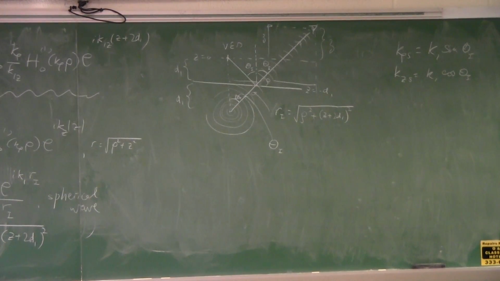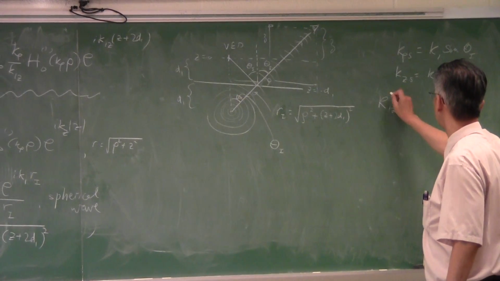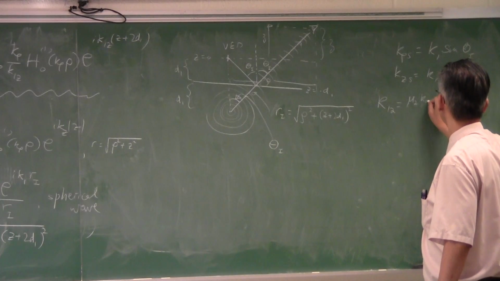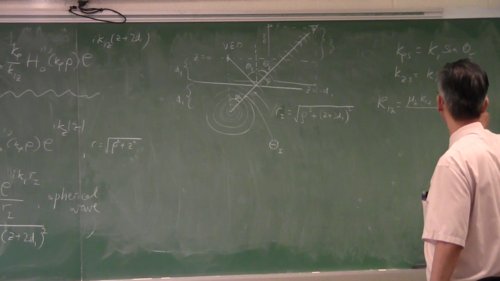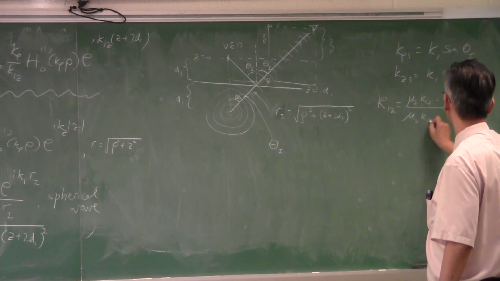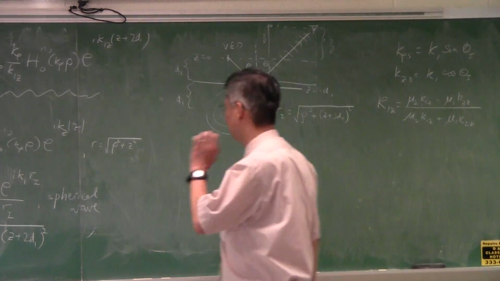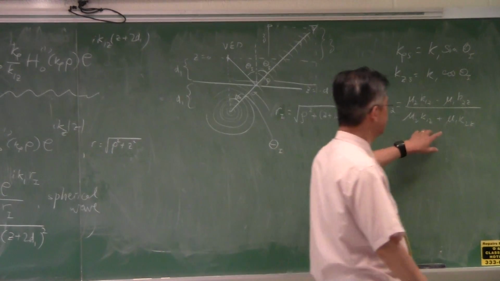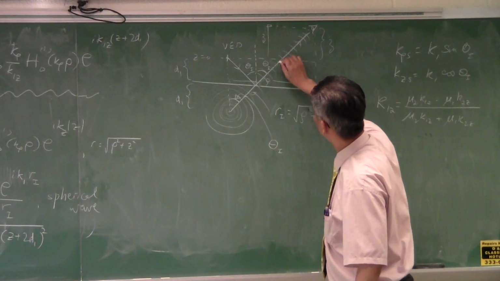And if you go about writing the Fresnel reflection coefficient again, it is (mu2 k1z minus mu1 k2z) over (mu2 k1z plus mu1 k2z). And if you look at this evaluation, this means that this is the Fresnel reflection coefficient for a plane wave coming in at this angle.